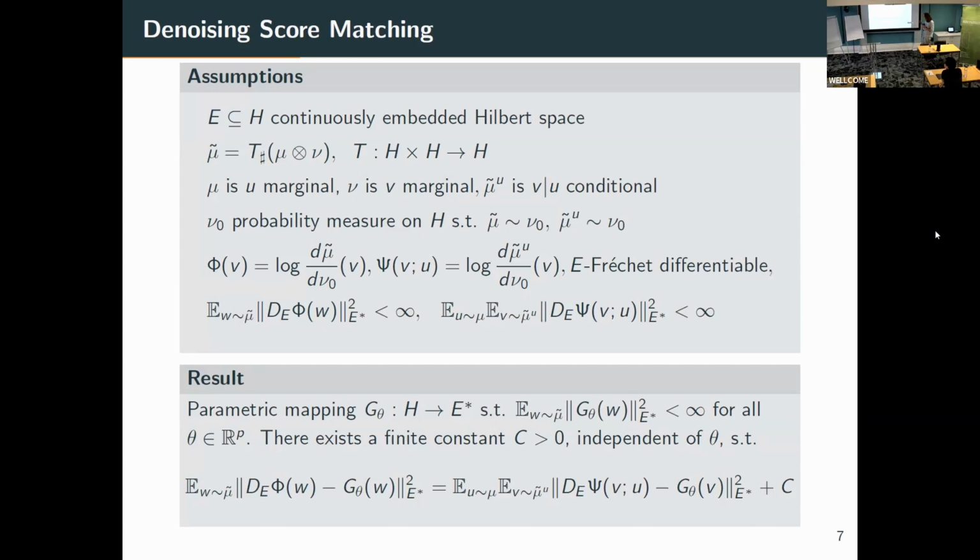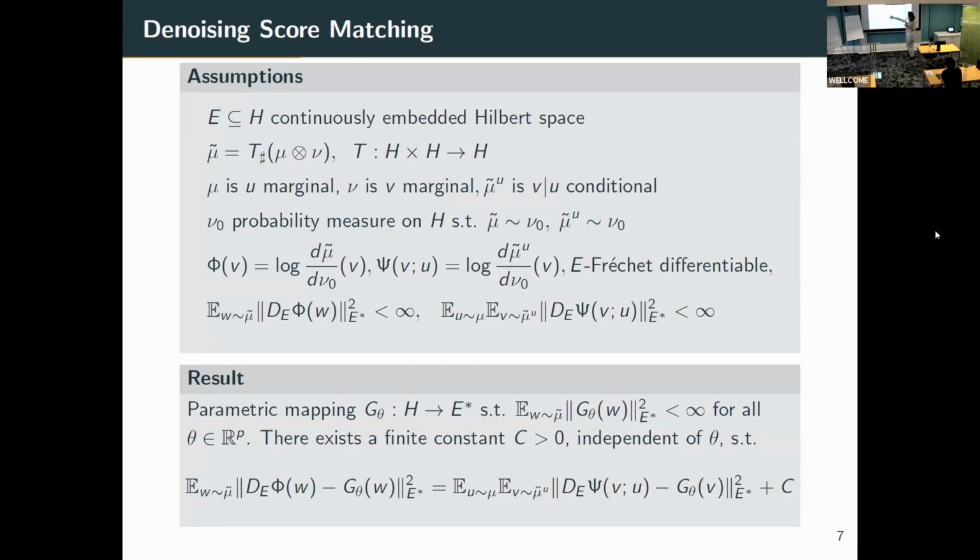Now the assumption that I need to make is that there's some other probability measure, nu naught. So this was mu sigma before. Now it's just nu naught because there's no sigma parameter in this statement. To which my perturbed measure is equivalent, to which all the conditionals are also equivalent. So this is to get density.